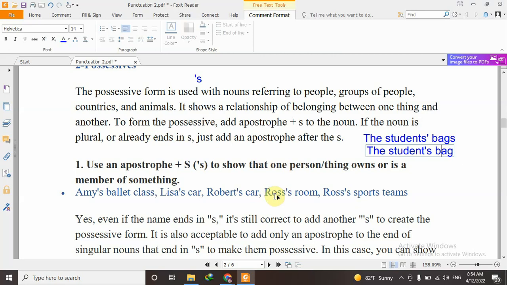Within Rose, her name, this is a name, and there is a double s. So we may say Rose's room, and we can also say Rose' room. Now we can keep the apostrophe and the s, or we can keep only the apostrophe and write the word room. There is also an explanation for this case later.